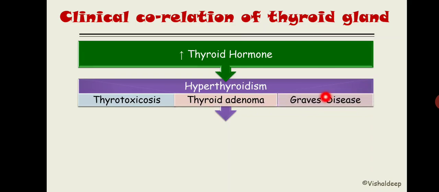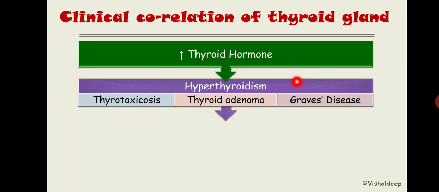Now here's the thing, in some books Graves' disease and thyrotoxicosis are written as more or less one. But there is a slight difference between these two terminologies. Thyrotoxicosis literally means hyperthyroidism, and it is not necessarily the case that thyrotoxicosis is always along with Graves' disease.